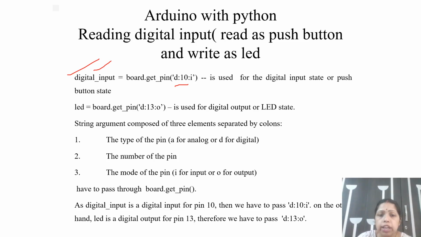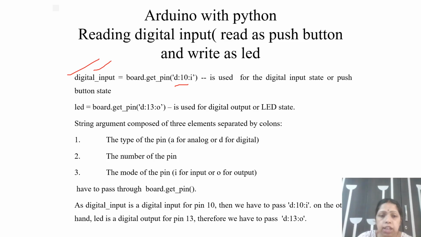You have to write get_pin within brackets 'd:10:i'. Here d is the type of the pin, digital or analog. Digital, and 10 is the pin number. Then i says whether this pin acts as input or output, whether the connected device acts as input or output. As I have connected the push button to pin number 10, this pin will act as an input pin.